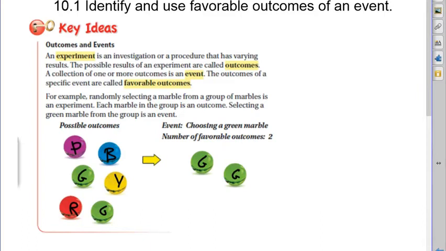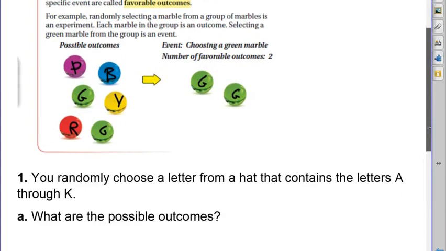Selecting a green marble from the group is an event. So, an event, choosing a green marble. And there are 2 favorable outcomes in that example because there are 2 green marbles. There are 2 outcomes that we would like.